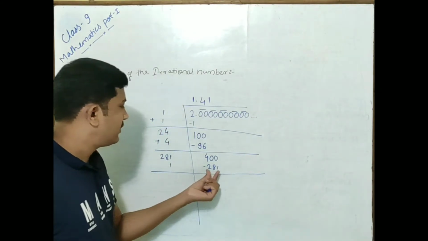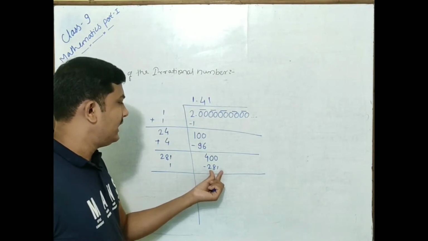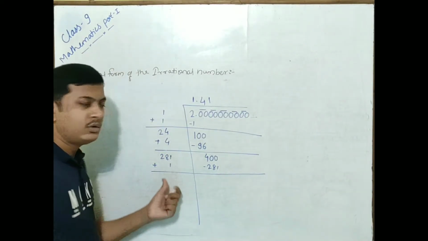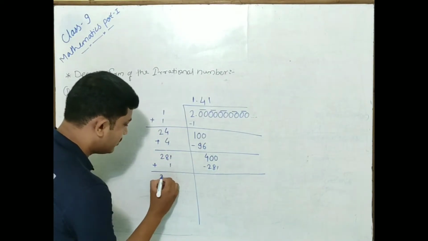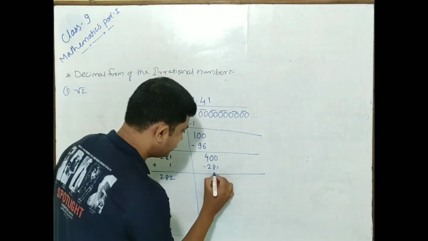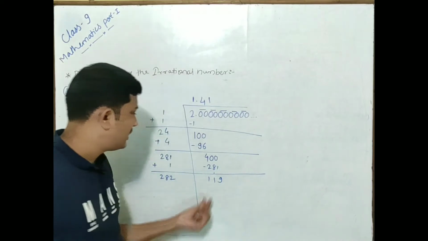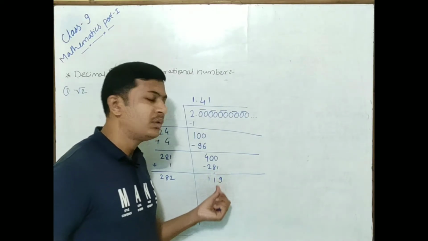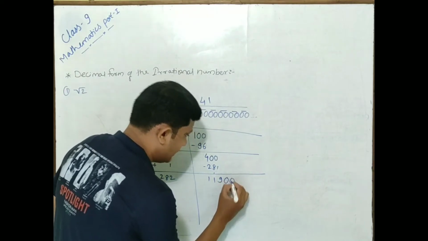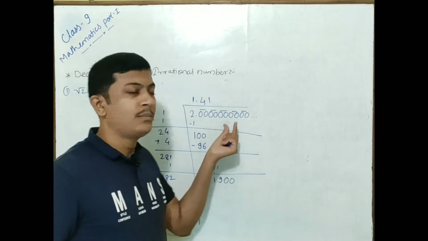Again in the same way, we have to subtract 281 from 400 and here we have to add. First of all we do the addition, it becomes 282, and here the subtraction will be what? 119, which means the remainder is 119. Again carry 2 zeros. The zeros we have to carry in terms of pairs only.